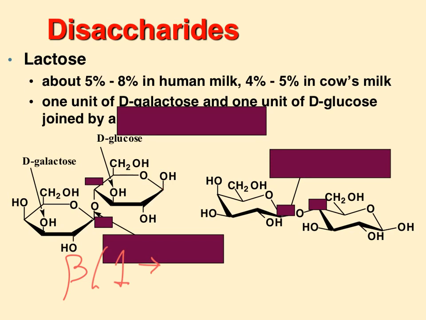I'm sure there's probably one weird one out there somewhere, but chances are this is always going to be carbon 1 or 2, the anomeric carbon. Okay, so that's carbon 1, 2, 3, 4. So this is a beta 1,4 linkage, or a beta 1,4 glycosidic bond.